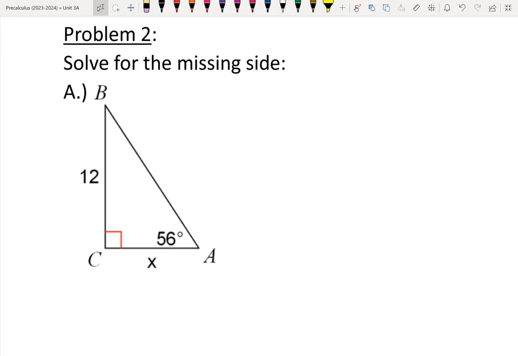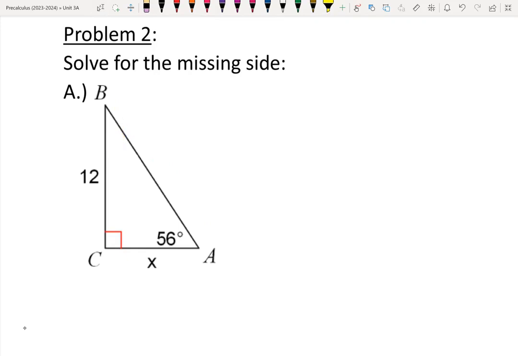Well, then the trig ratios become handy, especially if we know one of our angles. So this one, we're not solving for all the missing parts. That is a type of problem I could have you do. We're not going to do that here. All the missing parts would be angle B and our hypotenuse and x, but we are only looking for x.